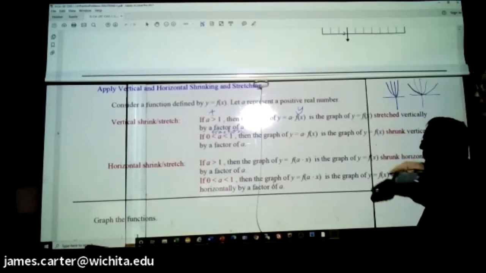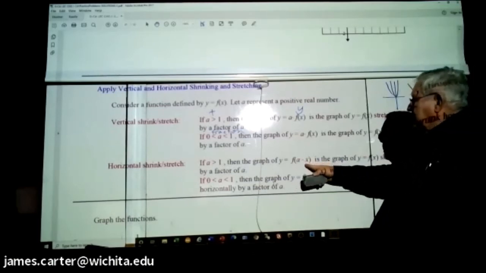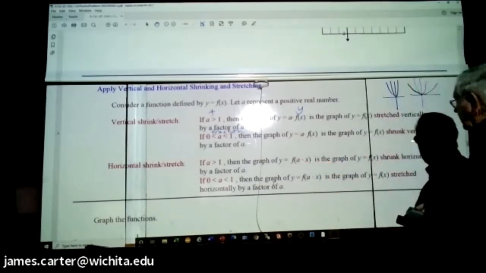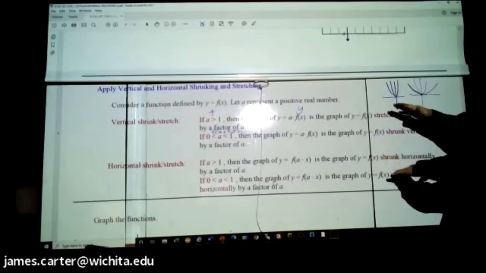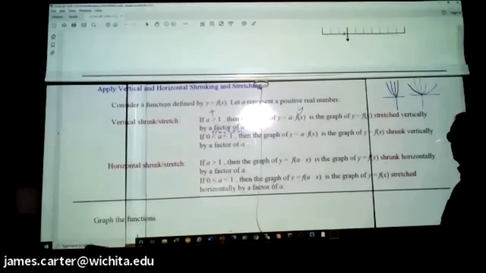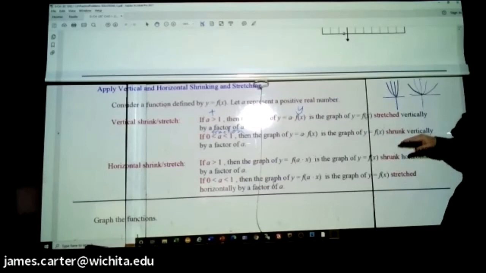Now that's for vertical. For horizontal, here we've got a times the x. Let's just look at this. These two statements are the opposite of each other. This is saying if you make y bigger, you're going to stretch it. And this is saying if you make x bigger, you're going to flatten it.